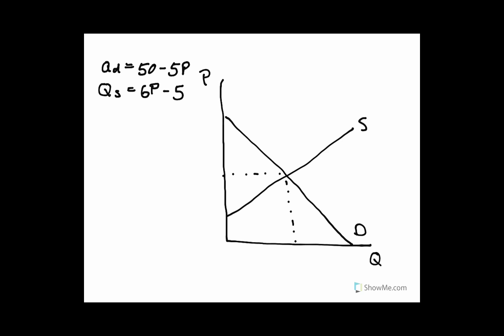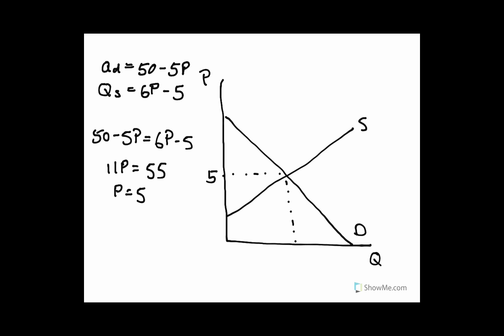And that's just going to be setting supply equal to demand, so that's 50 minus 5p is equal to 6p minus 5, and that gets us that 11p is equal to 55, and so p is equal to 5. So that gets us this initial equilibrium price right there.